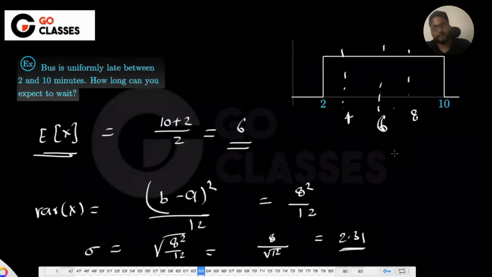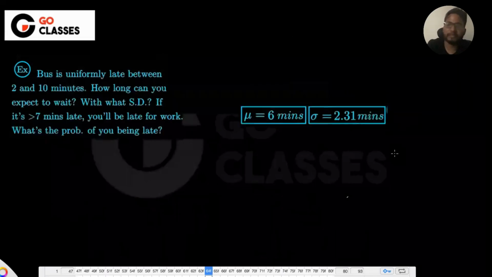Sometimes it will come out to be 4, sometimes it will come out to be 8. A standard deviation just tells us how much you are deviating from the mean, basically. I mean, these are some graphical things; if you know it is okay, otherwise GATE will not ask it.